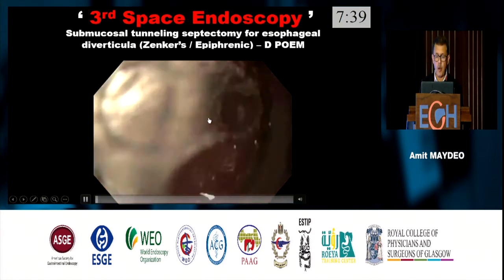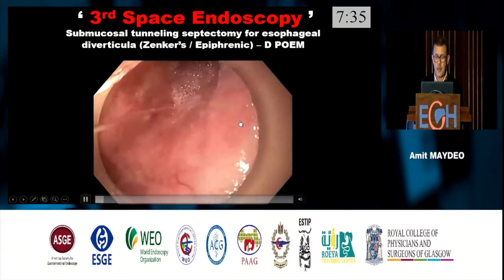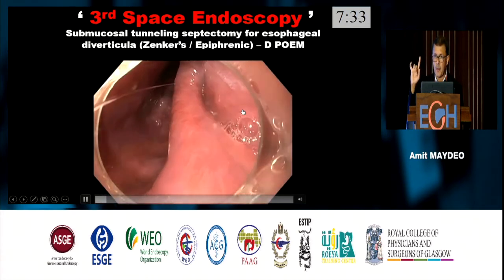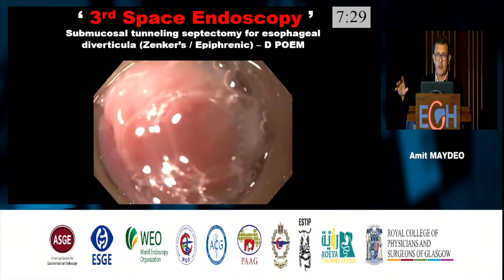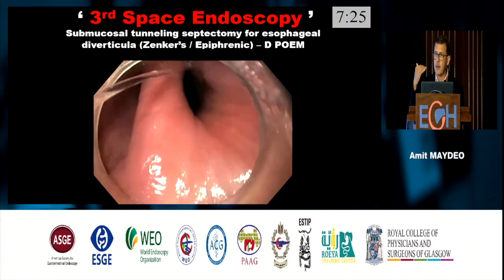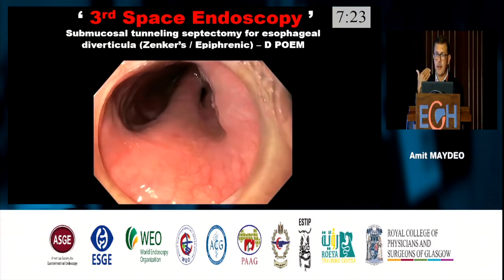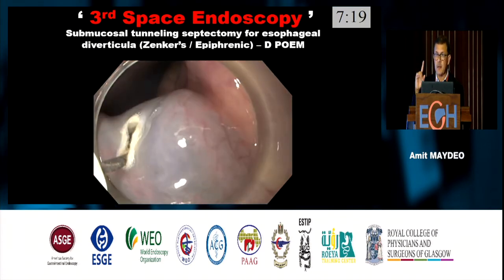Now, this is how we dissect a septum which is causing dysphagia in patients with Zenker's diverticulum. One of the endoscopic techniques is to directly cut the septum. But the limitation is you can't cut the septum completely. If you cut it completely, you will make a leak. There will be a leak in the neck. But to enable you to cut the septum, we can make a tunnel in the pharynx.